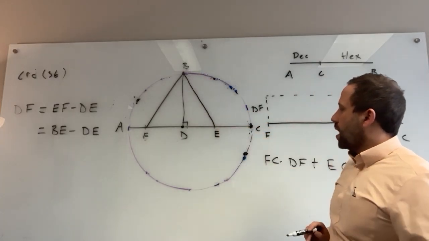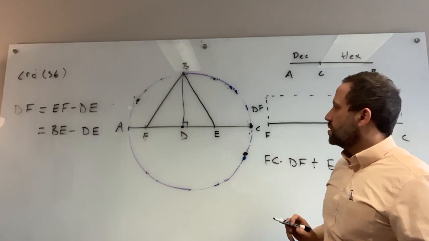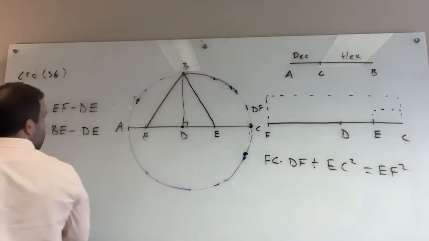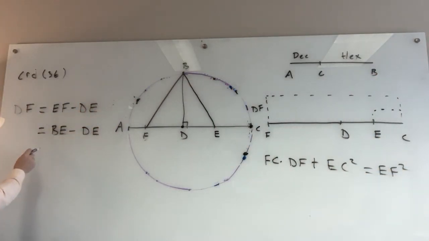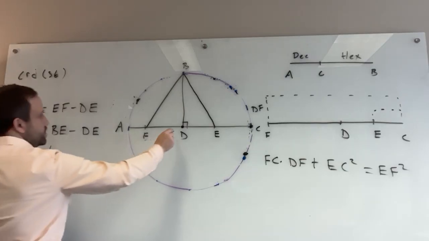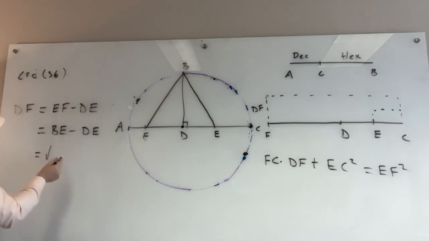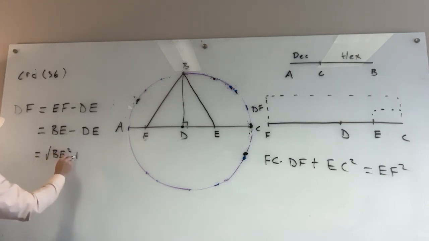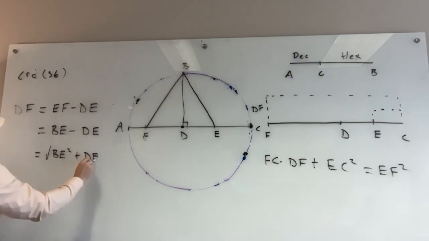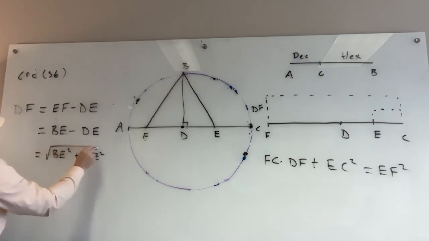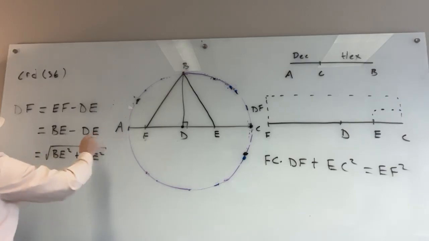So BE is equal to the square root of DE squared plus BD squared, and then minus DE.